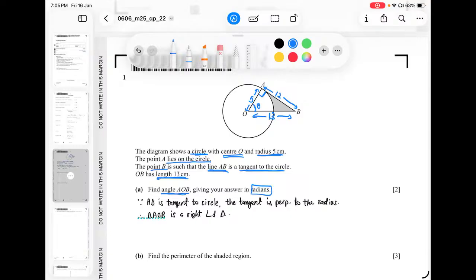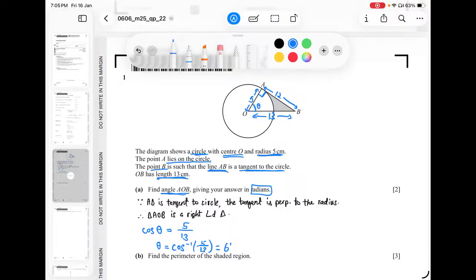Now what we do is let's go with cos theta. The cos theta is basically 5, which is adjacent, over 13. So now theta would be cos inverse of 5 over 13. Here you can use the calculator as permitted, so I'm using the calculator now.